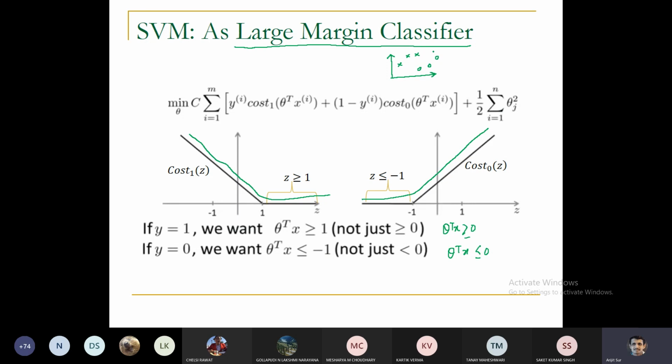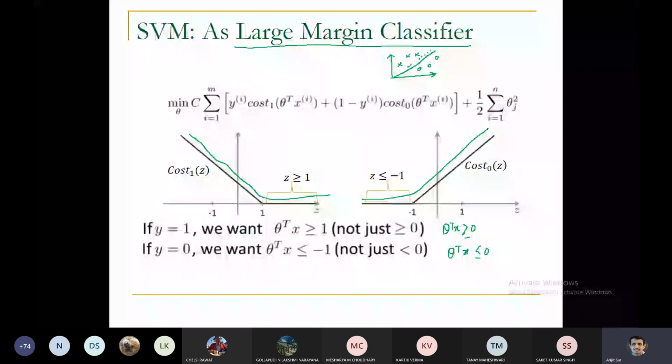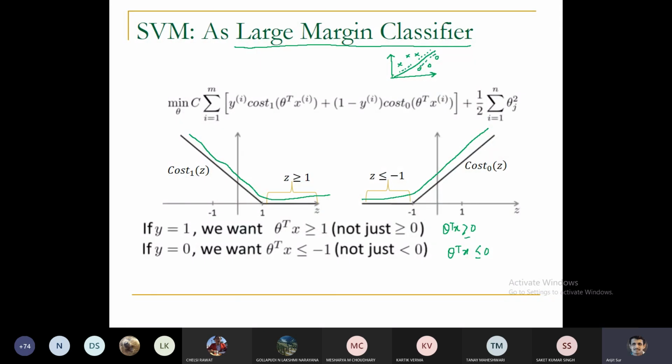Initially we had this kind of thing. Now what we are saying is that we have put in a margin. This is a two-guideline kind of thing we put here, because this guideline was initially greater than or equal to 0, and now it's greater than or equal to 1.